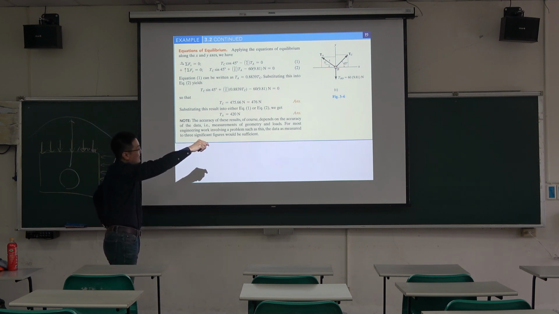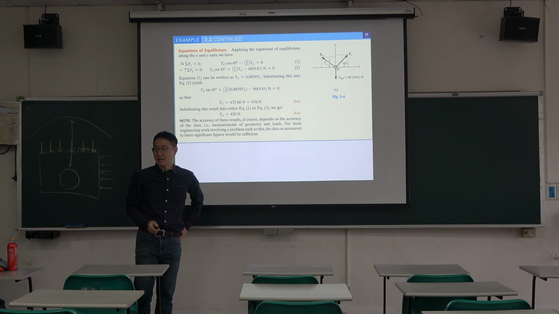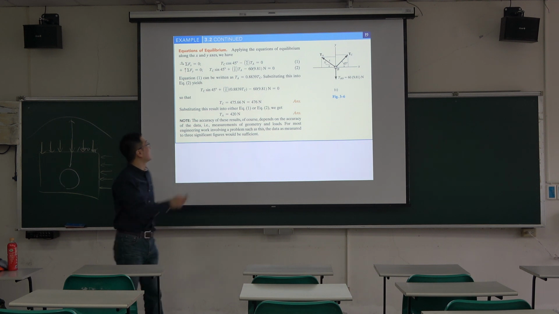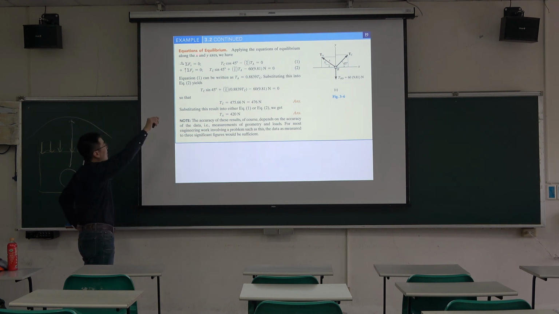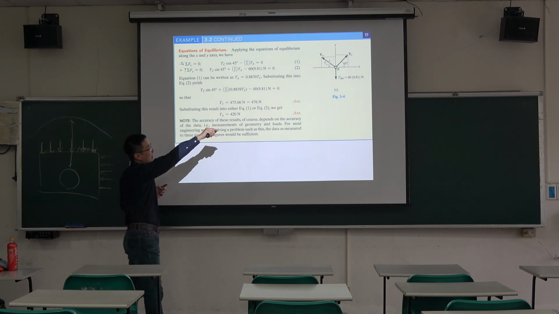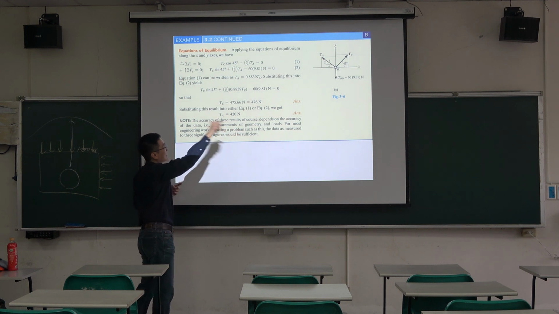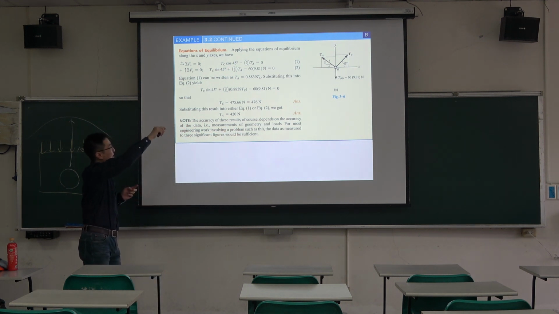For this joint, the horizontal component and vertical component should achieve equilibrium, so both of them should be equal to 0. From the definition, toward right is positive and upward is positive. Then we already know the force directions, so we can work out the components.